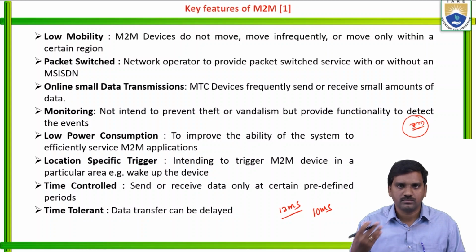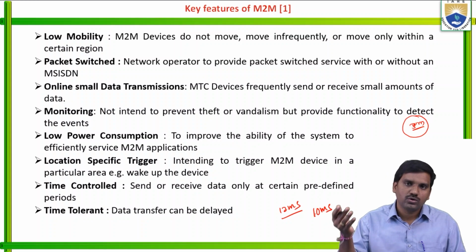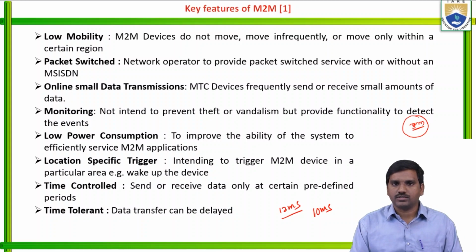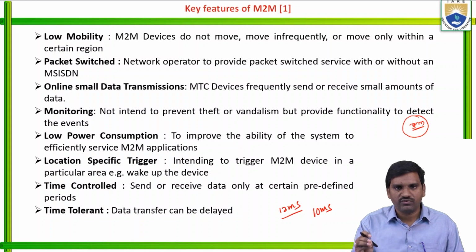Even though we are defining the time slots for sending and receiving the data, in some cases the data transfer can be delayed, so that is a time tolerant application. So these are almost 15 applications or key features of machine to machine.